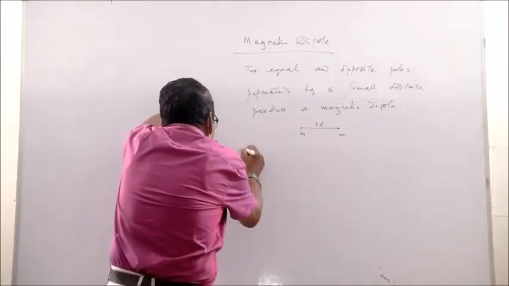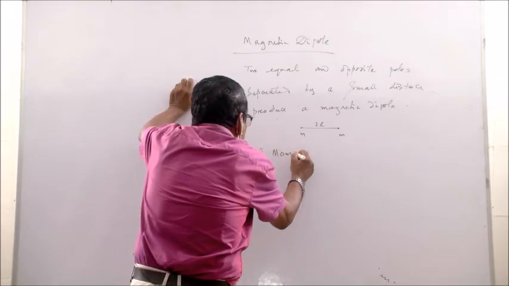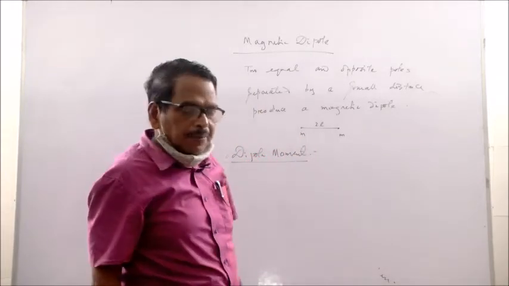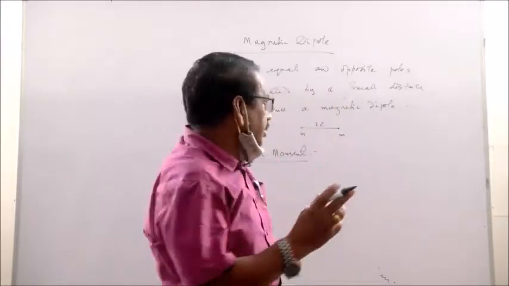Dipole moment. What is the dipole moment of the magnetic dipole? How to define the dipole moment of a magnetic dipole? It is defined as the product of pole strength and the distance between the poles.